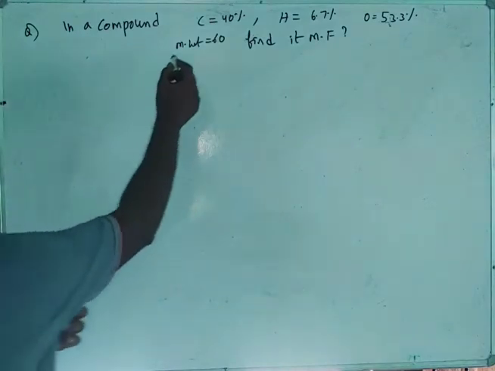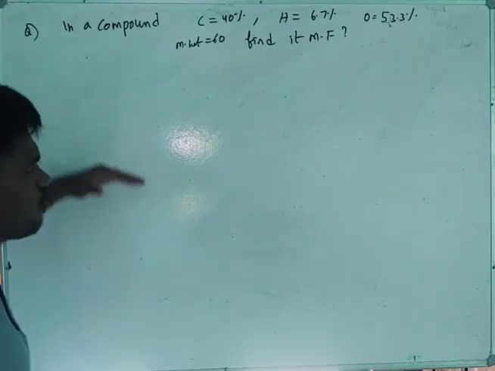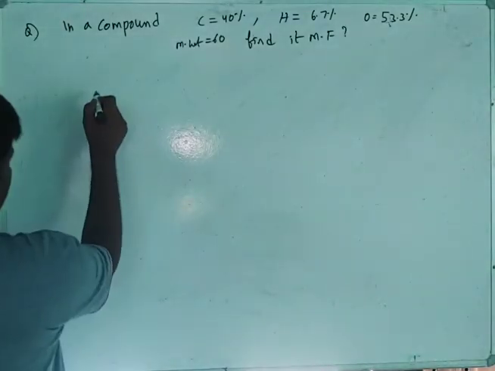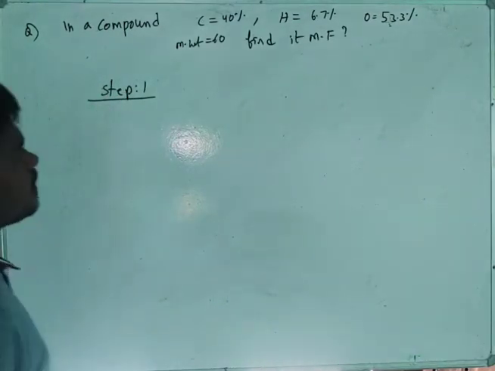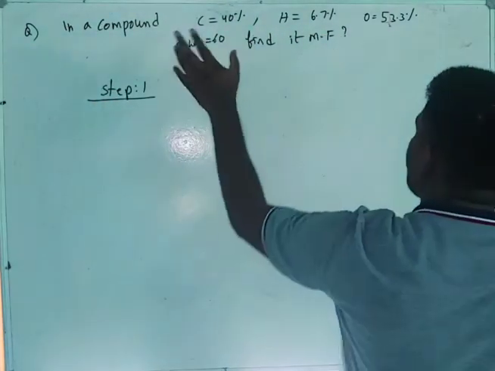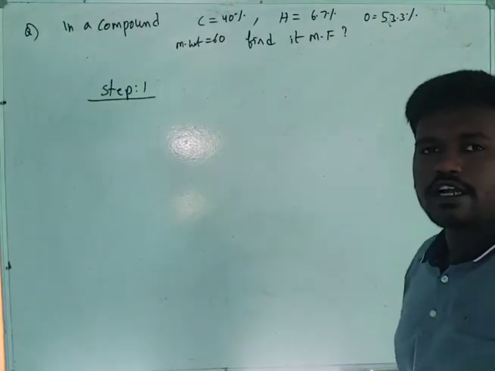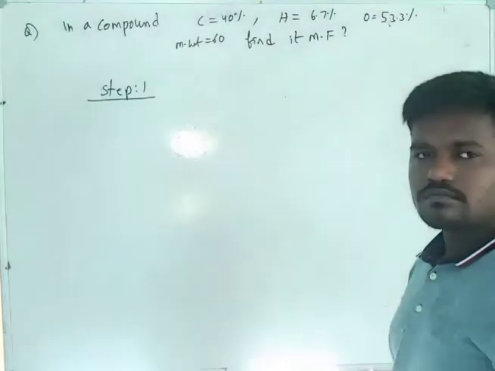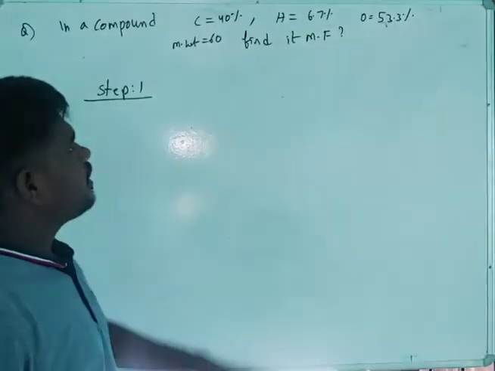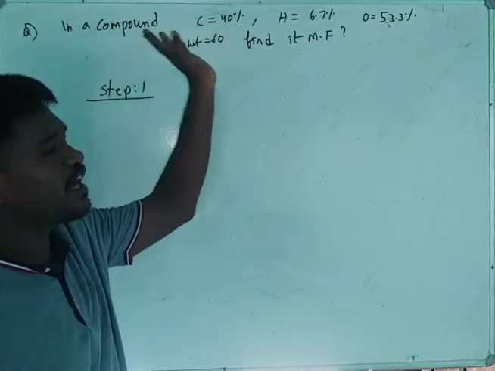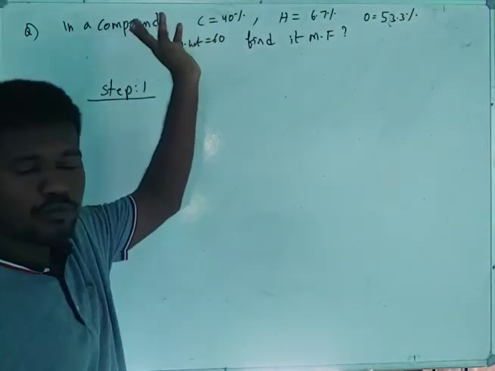So now guys, in order to find the empirical formula from the composition percentages, we need to follow three steps. So first, step 1. In step 1 guys, you see three elements are there in the compound and their percentages are given. So these percentages we need to convert into weight. For example, carbon is present 40% out of 100%. Then in 100 grams, carbon present, how much weight?